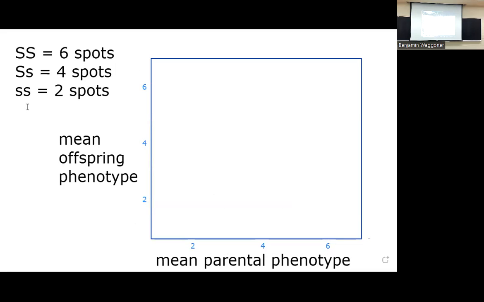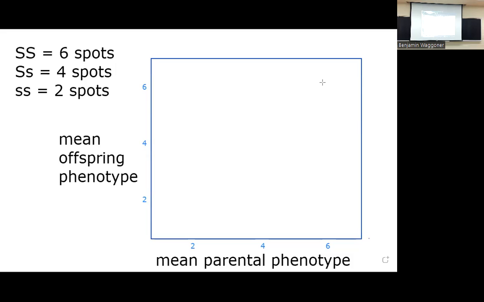Okay, so now start thinking of all the possible crosses you could make. Let's say we cross big S big S with big S big S. If we cross those, what's the average number of spots for each parent? It's 6, right? How many spots are the offspring going to have? They're all going to have 6.